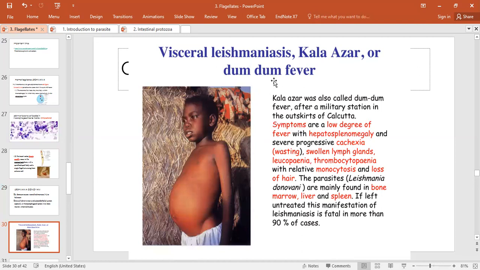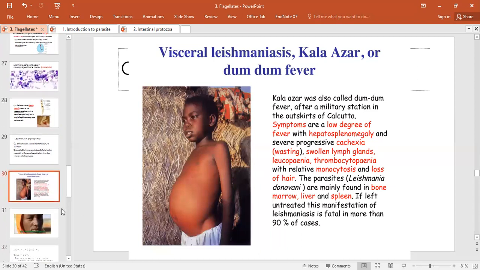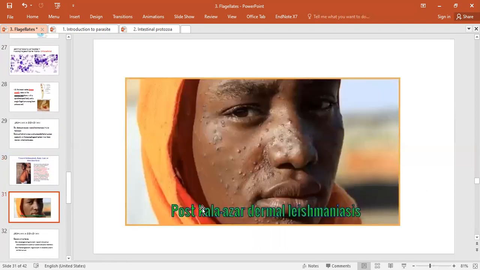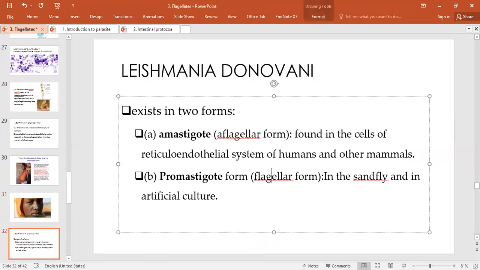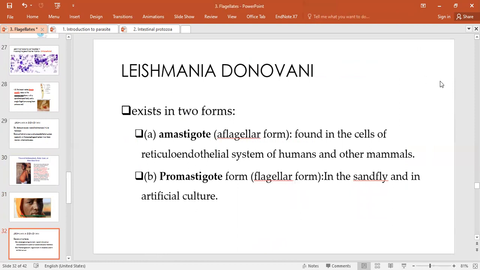If left untreated, the disease can be fatal. Here is post-Kala-Azar dermal leishmaniasis, those spots on the skin.